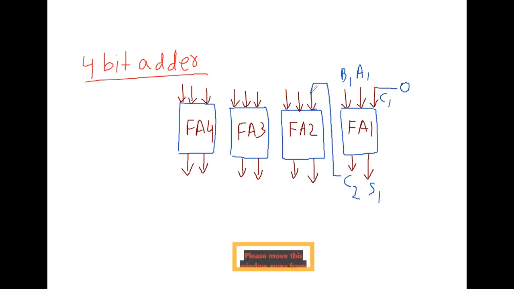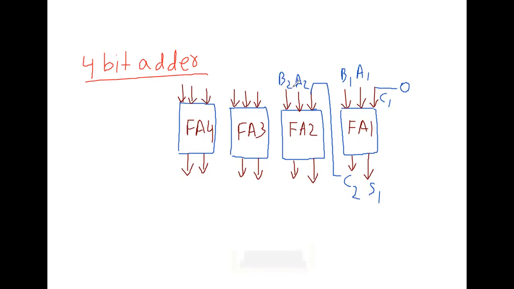Then this one will be connected to this one. Is there any doubt? Can I connect like this? Then the next bits are A2 and B2.